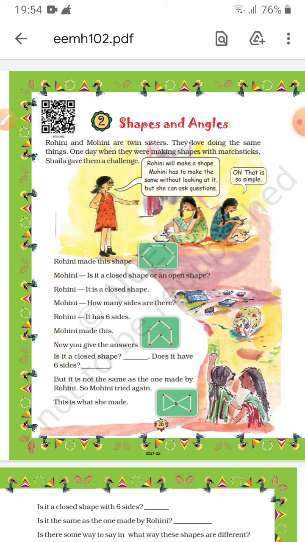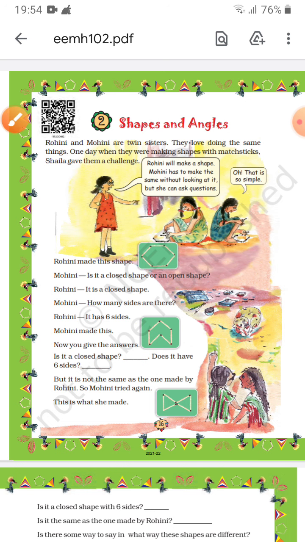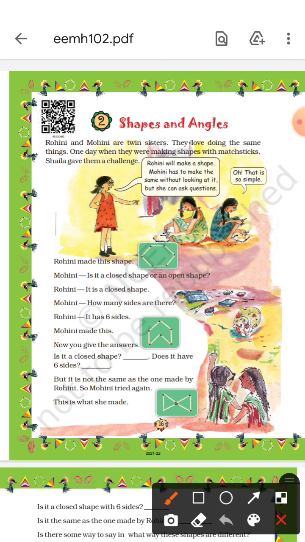At first, in the picture you can see that there are three girls here. Rohini and Mohini are the twin sisters, and they love doing the same thing. One day when they were making some shapes with matchsticks, you know what matchsticks are?